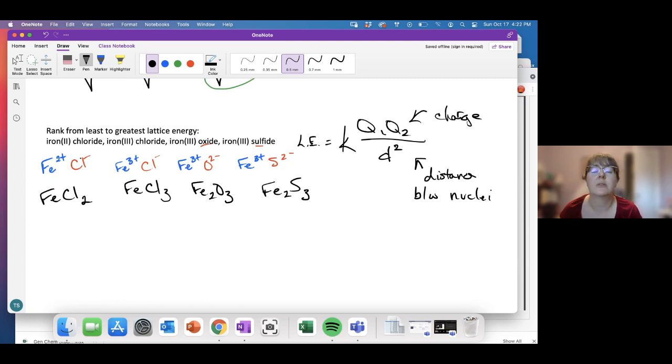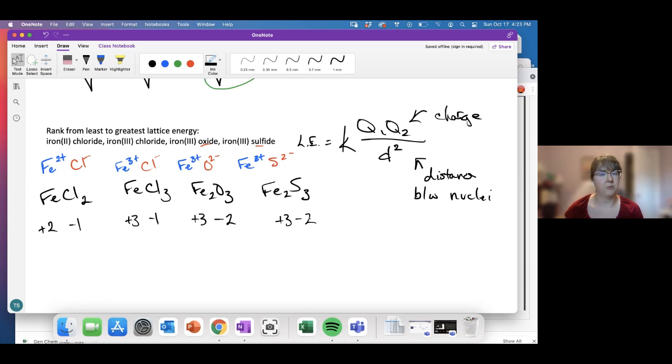Now you can think about these as something that's being multiplied. This is the other reason why I like the formula: it does not care that I have 2 chlorines. The only thing that the formula cares about is that I have a +2 and a -1. I have a +3 and a -1. I have a +3 and a -2. I have a +3 and a -2.